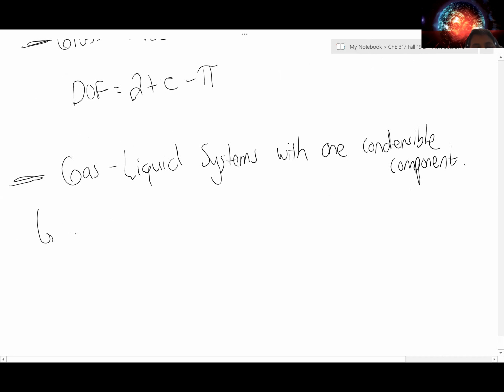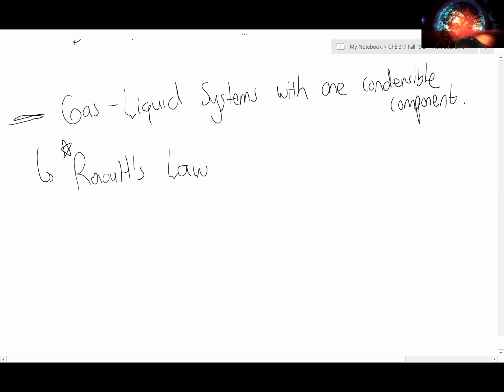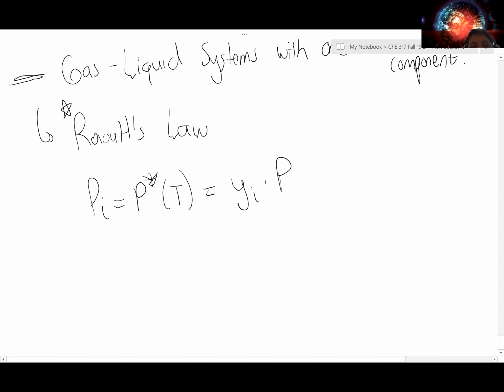And the big kicker here was the introduction and application of Raoult's law, where we consider the partial pressure of our substance equal to the vapor pressure of that substance, which is equal to the mole fraction times the total pressure. By calculating the vapor pressure of our substance in our mixture and knowing the mole fraction, we can get an idea of the vapor-liquid split that should be expected in a system.